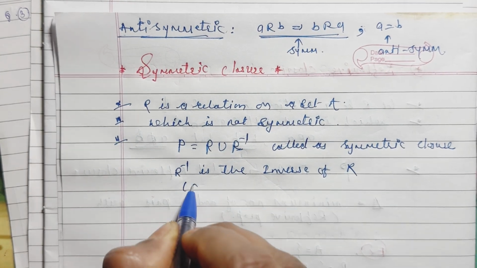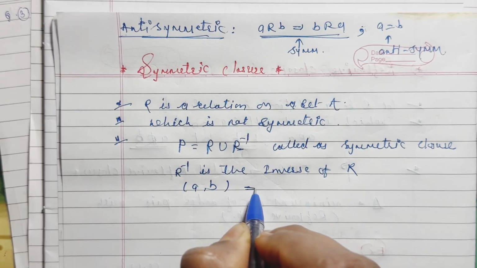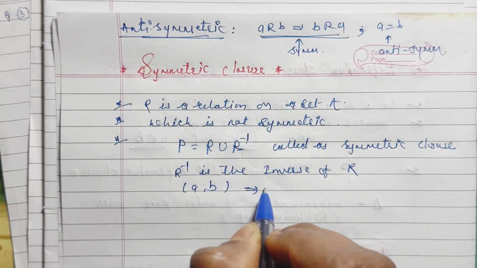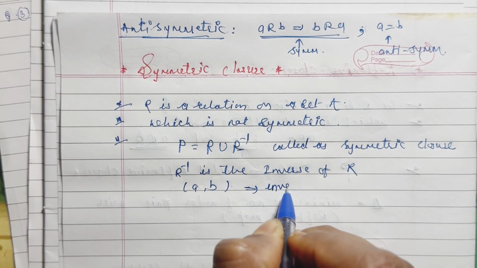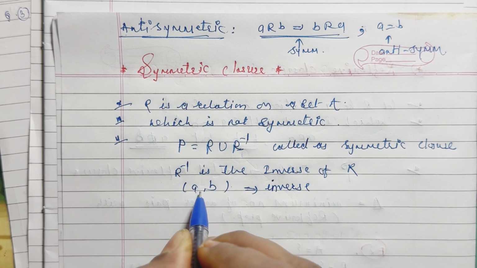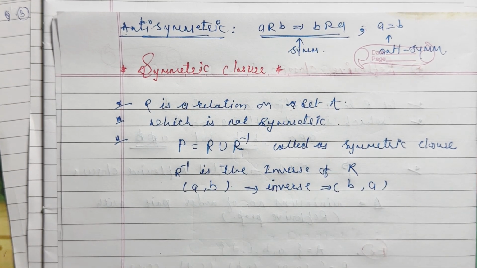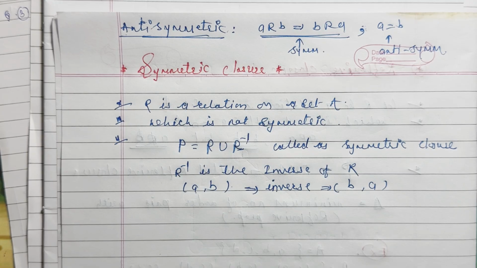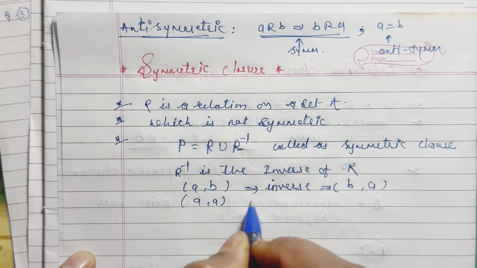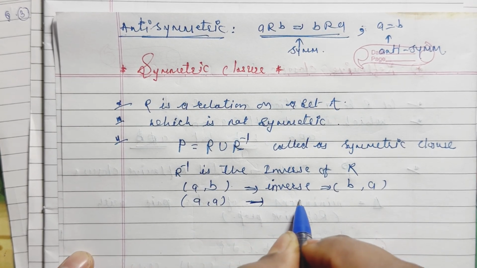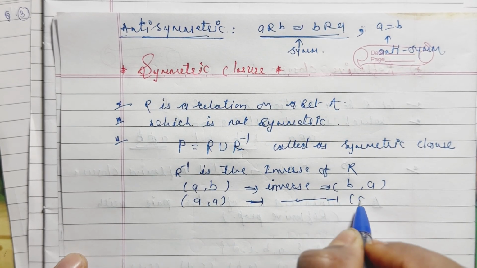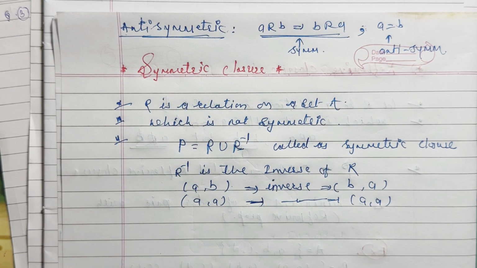If AB is an ordered pair, then its inverse we write as BA. You can take any other element: CD has inverse DC. And for AA, which is like an identity element, we write the inverse as only AA.